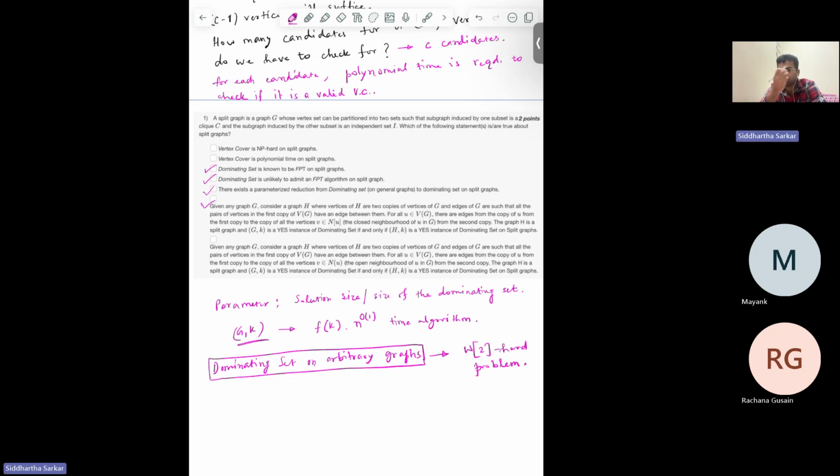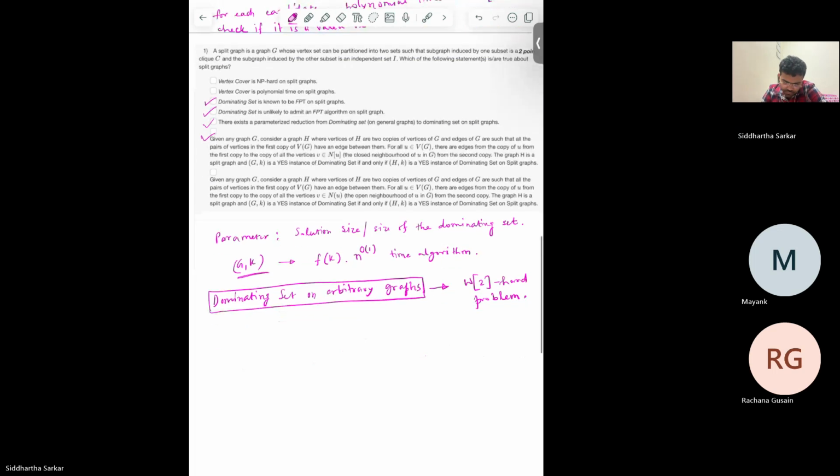So here is the reduction. So given a graph G, consider a graph H where the vertices of H are two copies of the vertices of G. So first you make two copies of the vertices.